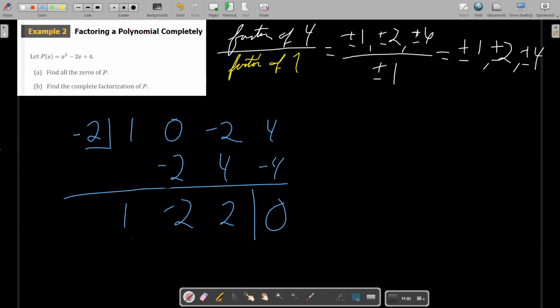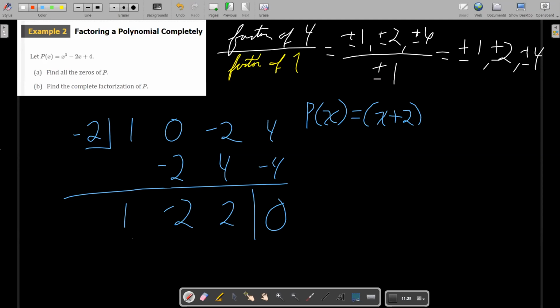So what I can do is I can write this as p of x is equal to, again, the opposite of this sign, right? So it's going to be x plus 2. And then whatever my, shoot, I forgot the word. Quotient.